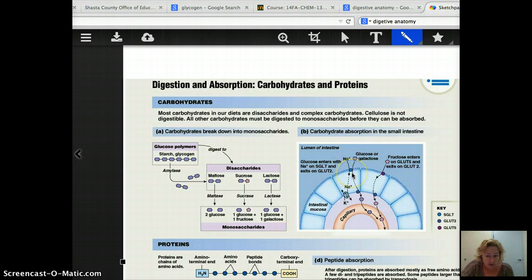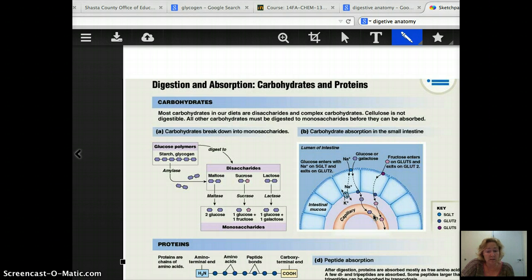It comes in with sodium. It's allowed to do that because of the sodium potassium pump, and it leaves then with another co-transporter system. You don't have to know which one it is. You just have to know that it leaves again. When does it come out here? Okay, is it when we did the osmosis and diffusion? Is the glucose molecule small enough to get out?